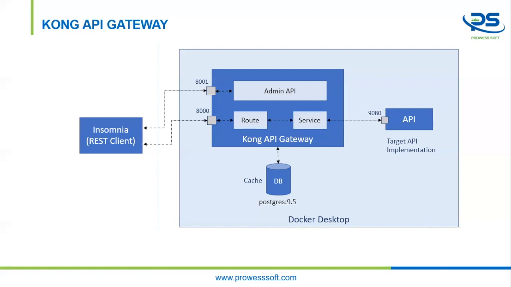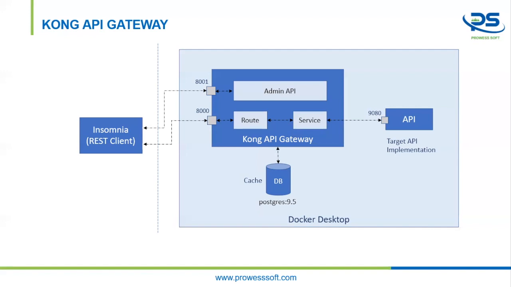The first part of our demo will see that a service is created with the parameters of the target API implementation, the path parameter of the target API implementation. And then a route is created so that the external systems, or in our case, the REST client, is able to invoke the route and then through the route invoke the service.